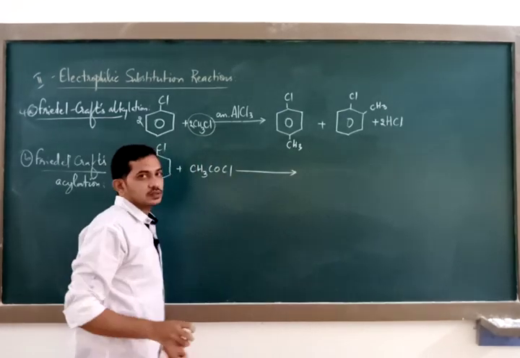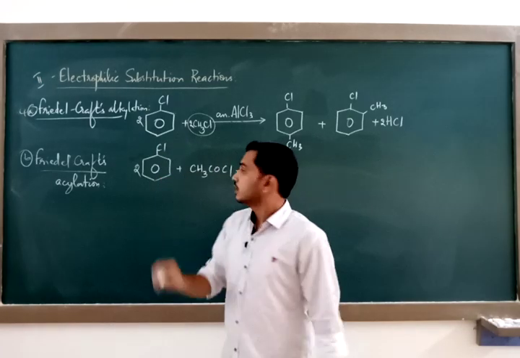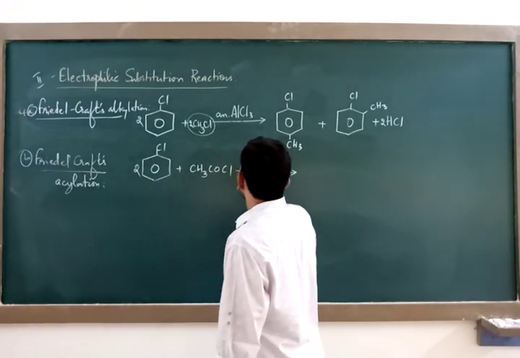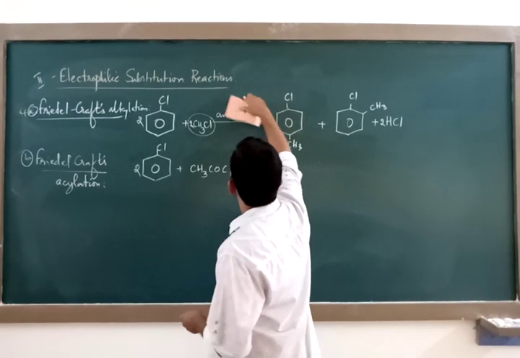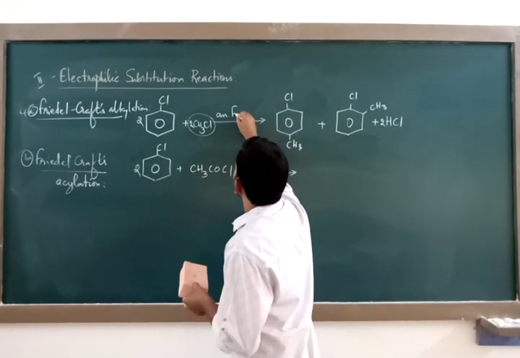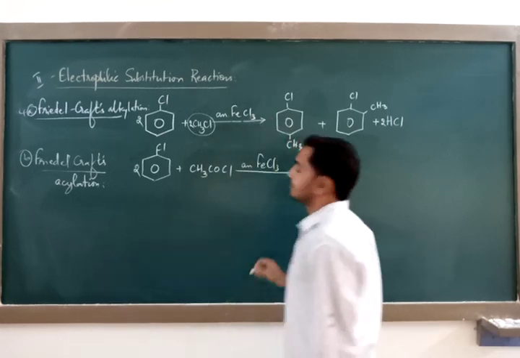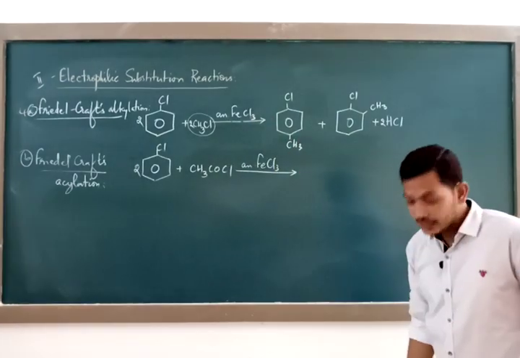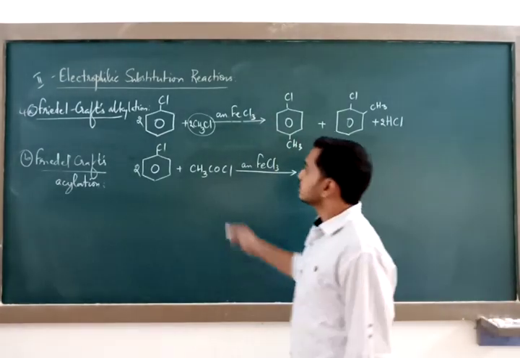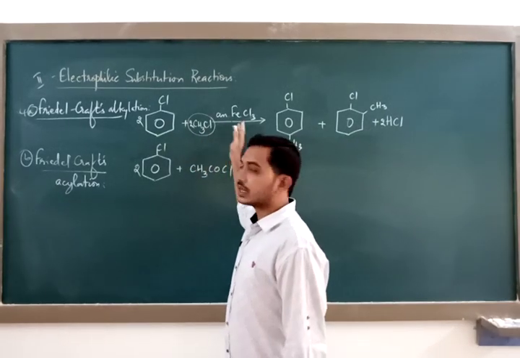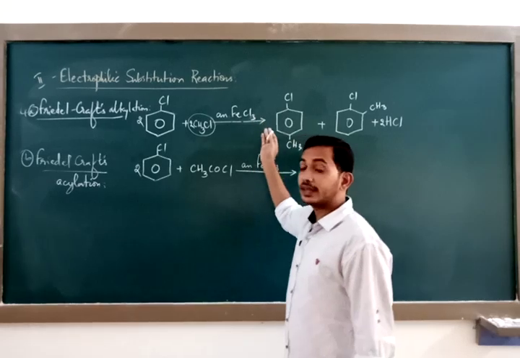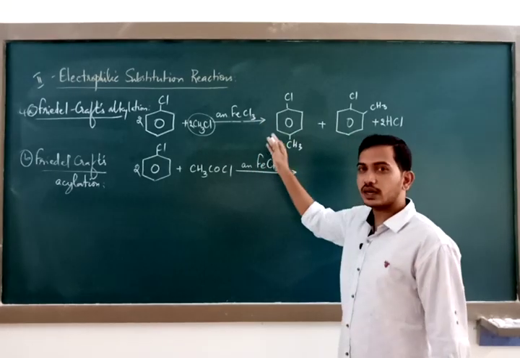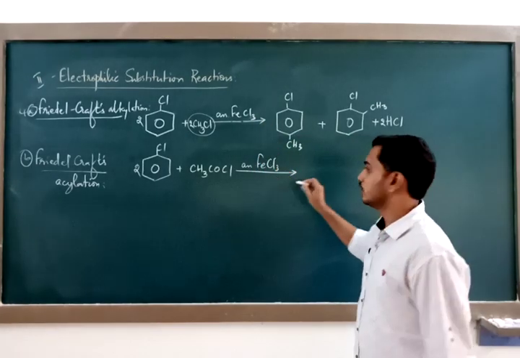This time you use acetyl chloride, anhydrous ferric chloride. Try not to use aluminum chloride, use ferric chloride only. The reason is because many a times this methyl chloride will react with the catalyst used. So avoid using aluminum chloride and use ferric chloride.